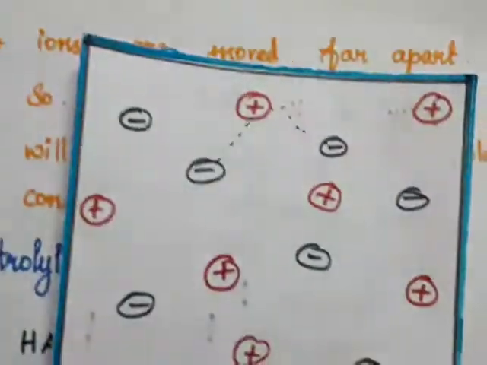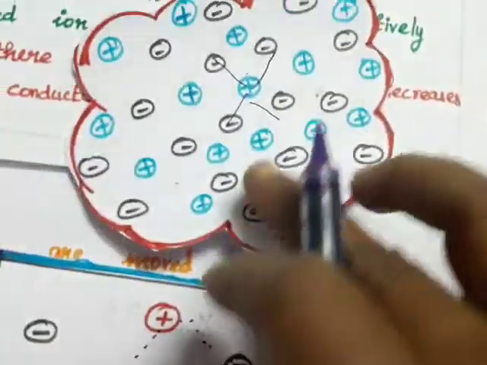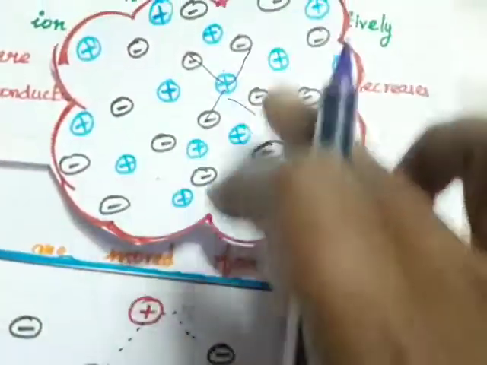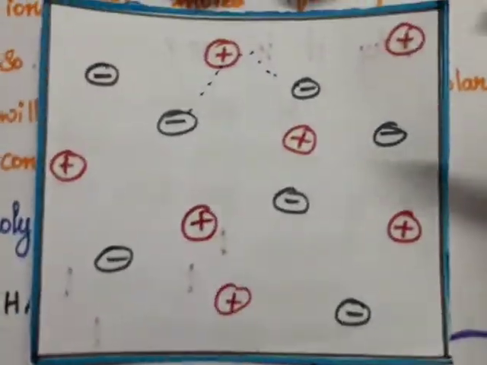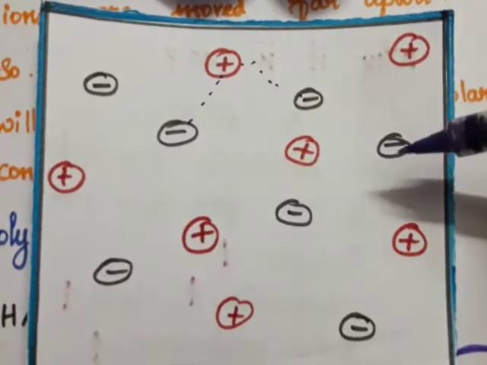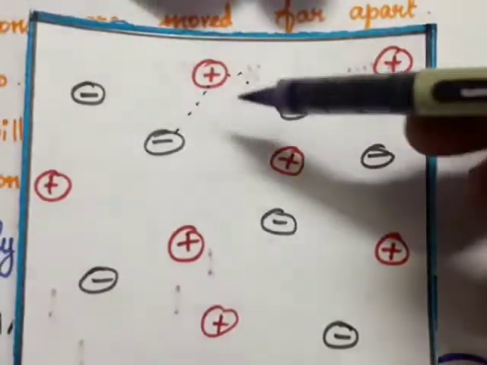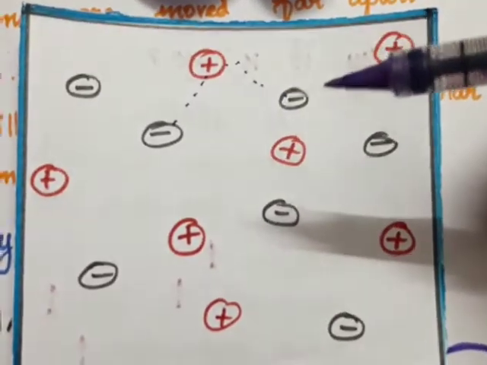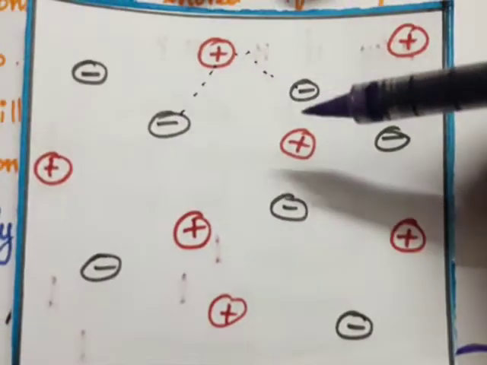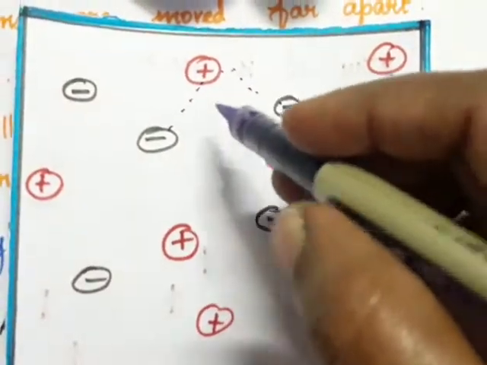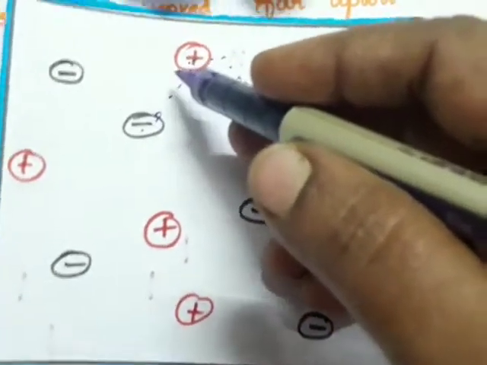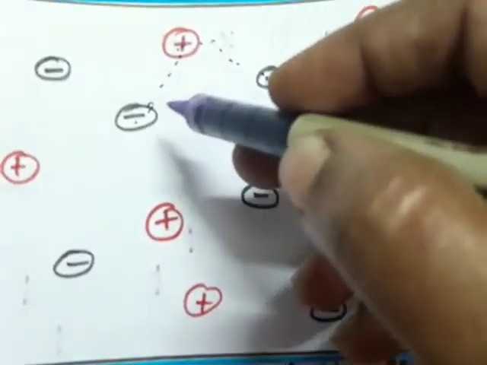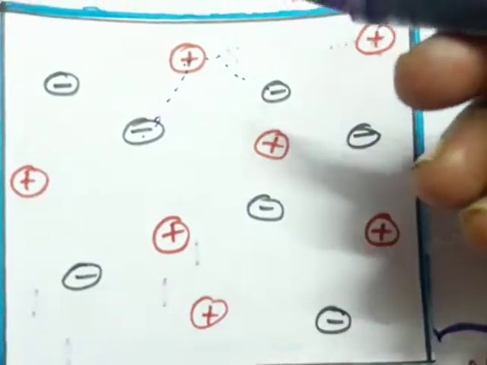So here the ions are present closer together. Because of being closer together, there will be more attraction. And here when we dilute the solution, if the dilution increases, what will happen? The ions will be moving far apart. So there will be less force of attraction between the positive and the negative ions. If it is less, they can move from their place.